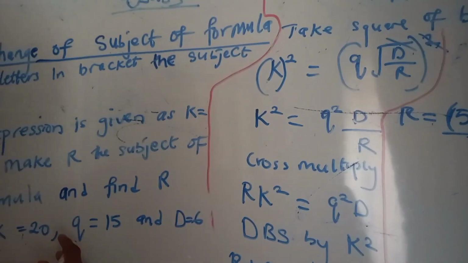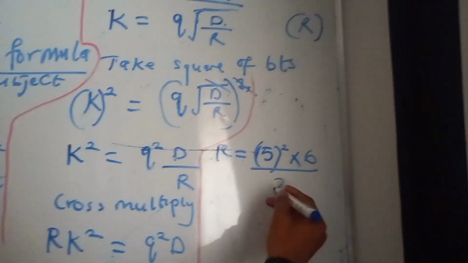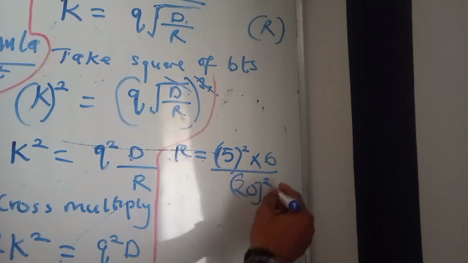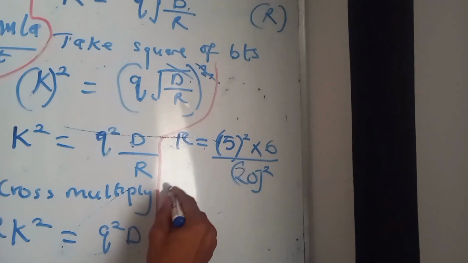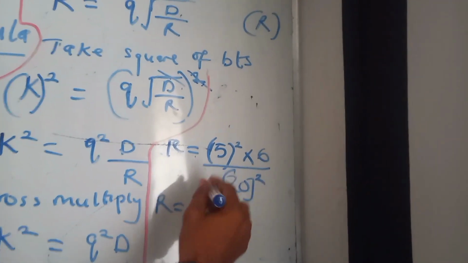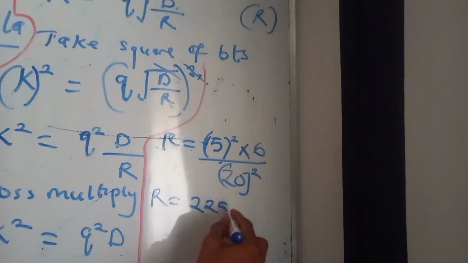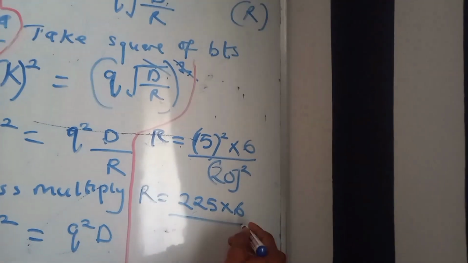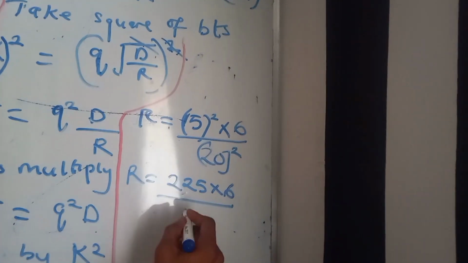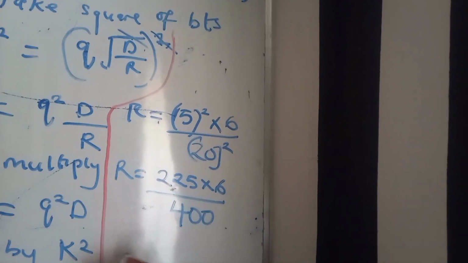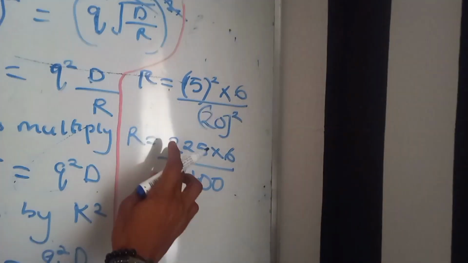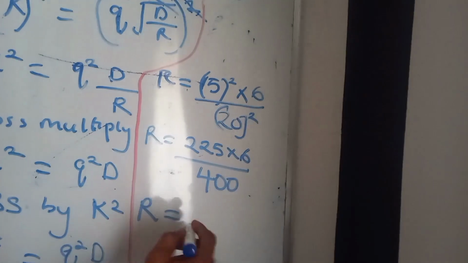Our k is 20, which is 20 raised to power 2. So r equals 15 times 15, which is 225, multiplied by 6 over 20 raised to power 2, which is 400.